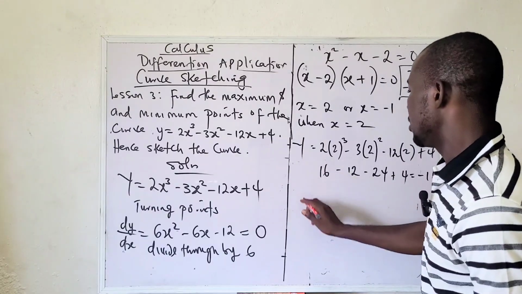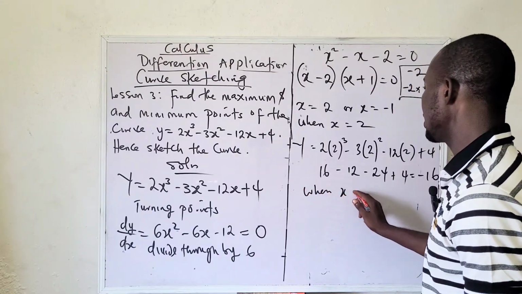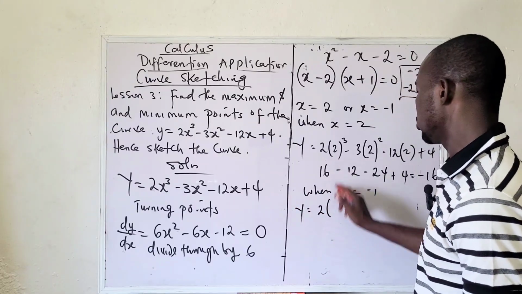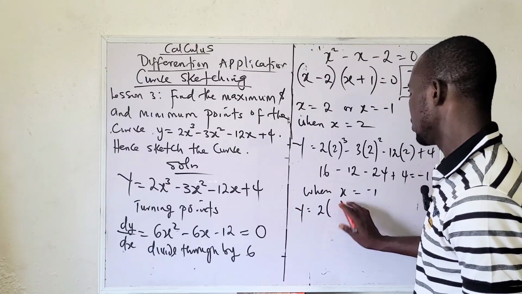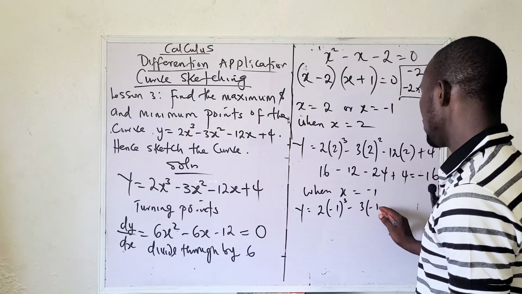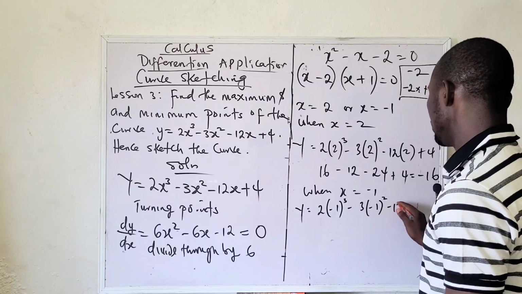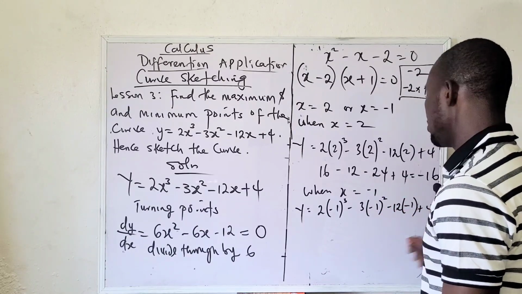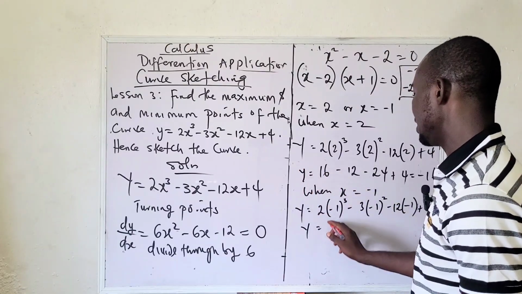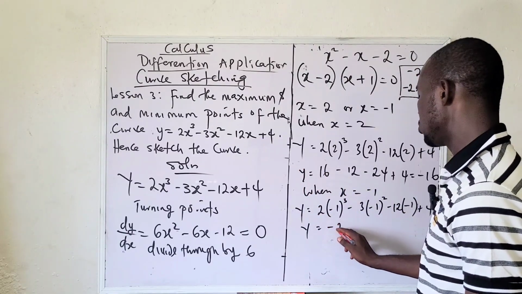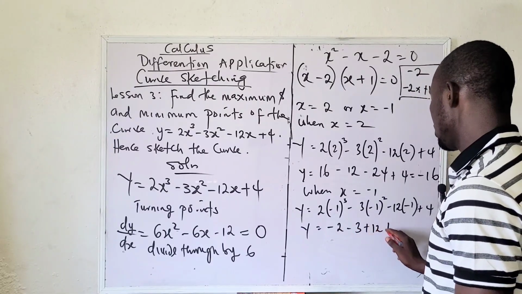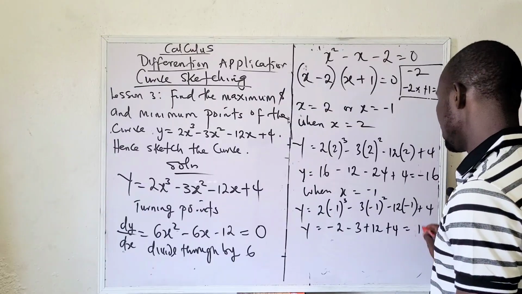So when x equals negative 1, we will have y equals 2 times negative 1 cubed minus 3 times negative 1 squared minus 12 times negative 1 plus 4. Our y is negative 2 minus 3 plus 12 plus 4. Everything will be 11.